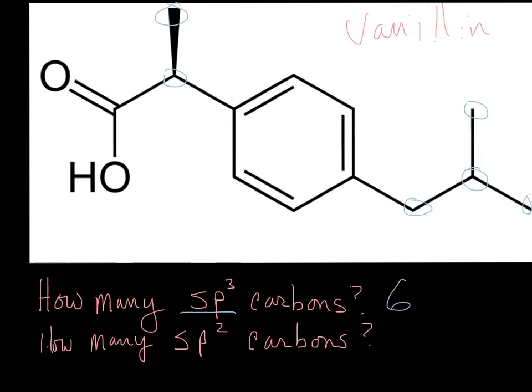And then the question, how many sp2 carbons? Here's 1, 2, 3, 4, 5, 6, and 7. So I see 7 sp2 carbons. And we can talk about this a little bit on Tuesday, but that's what I see.